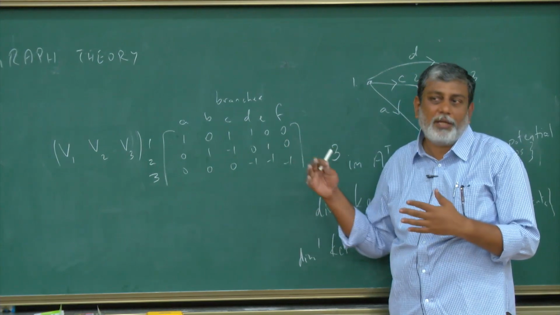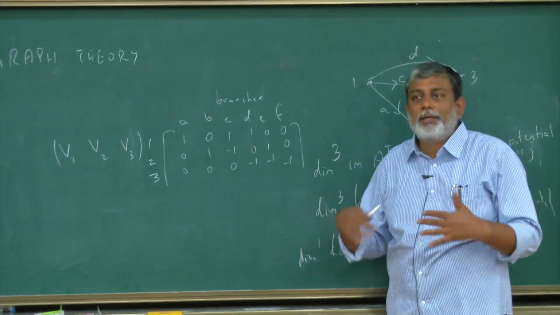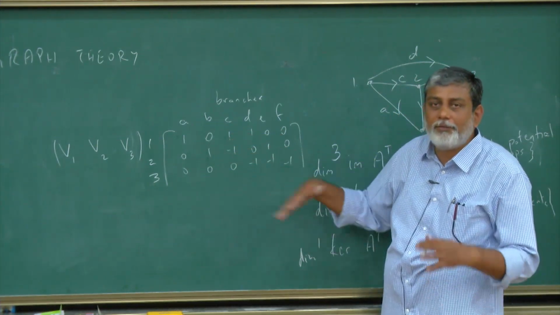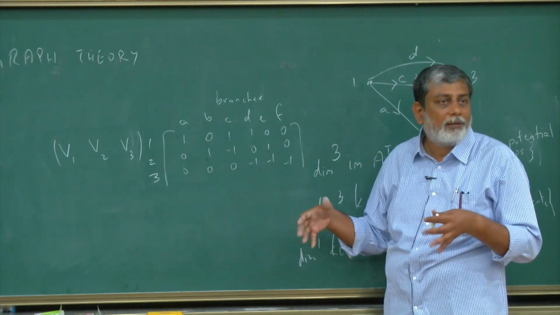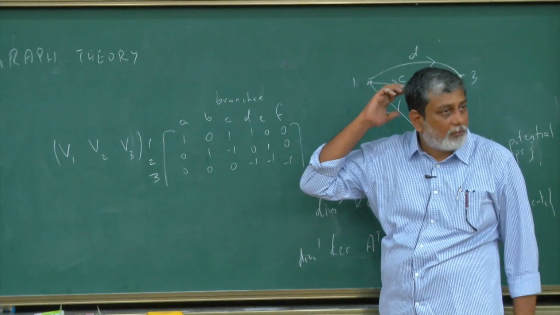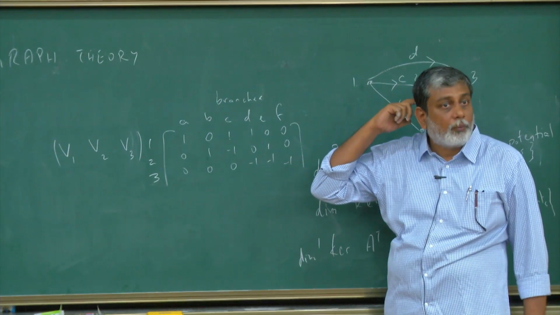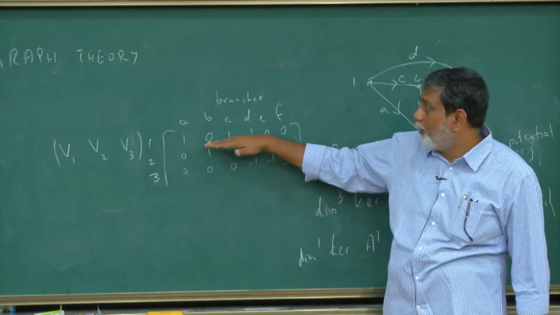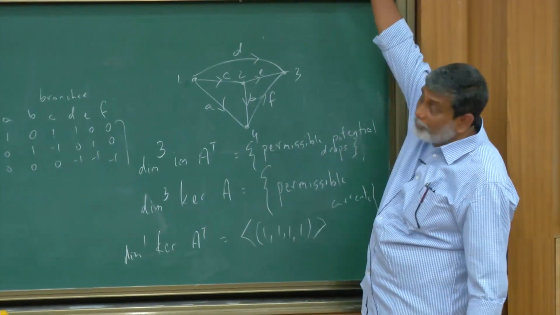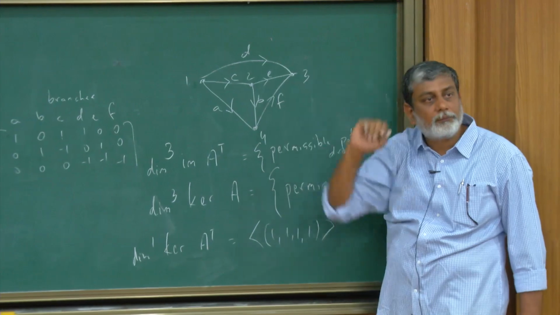Just like currents, we had a kernel representation and an image representation. You had to give 3 basis vectors, so you take linear combination of these 3 vectors, and whatever you get are the permissible voltage drops in the given circuit. So one way to do it is as an image representation, the other way is that those voltages should obey those 3 rules. That's the KVL. That's the kernel representation.